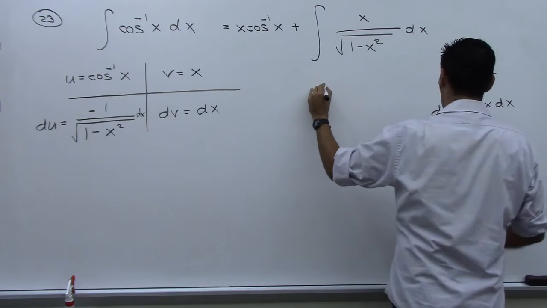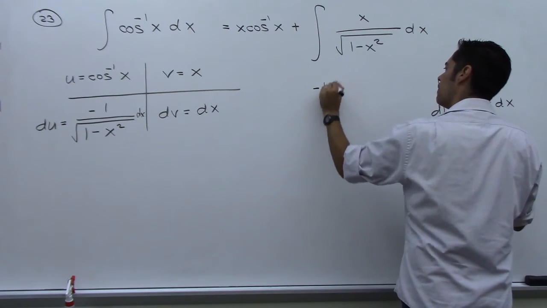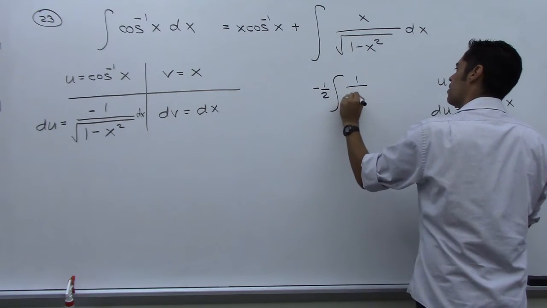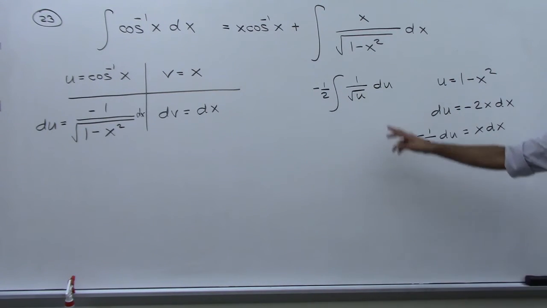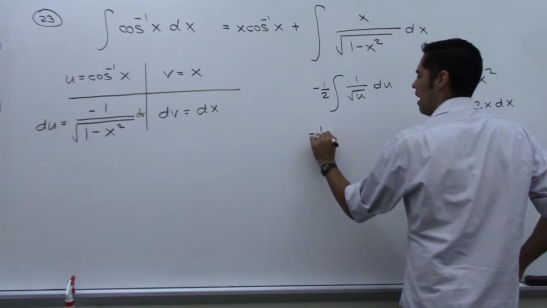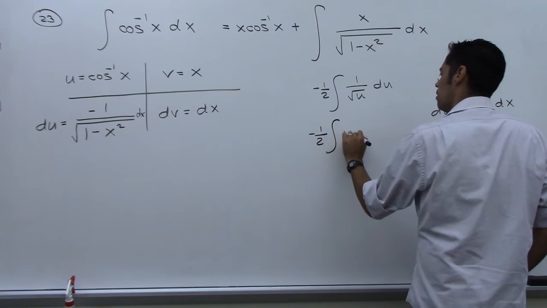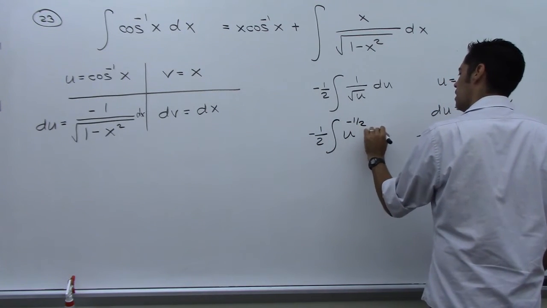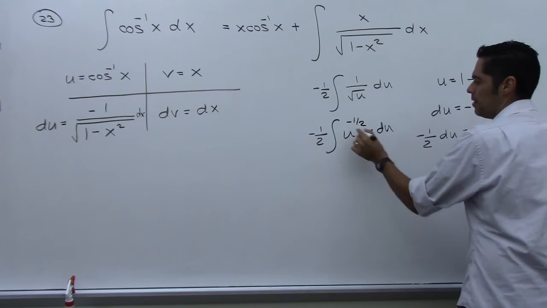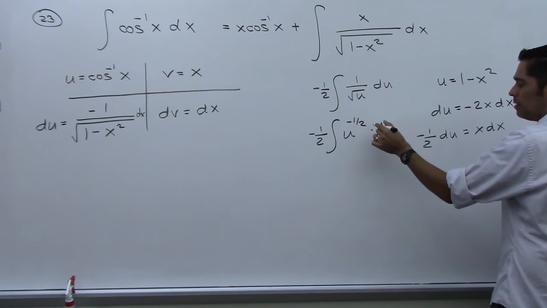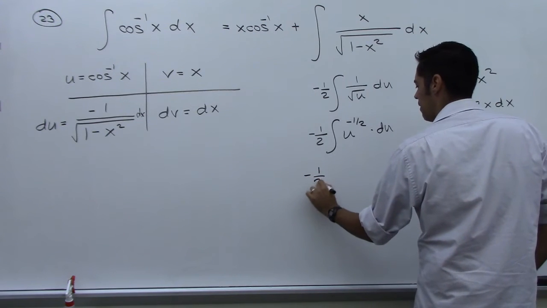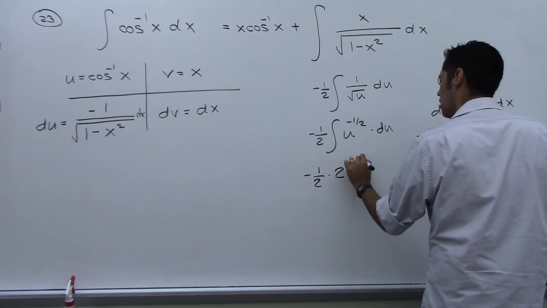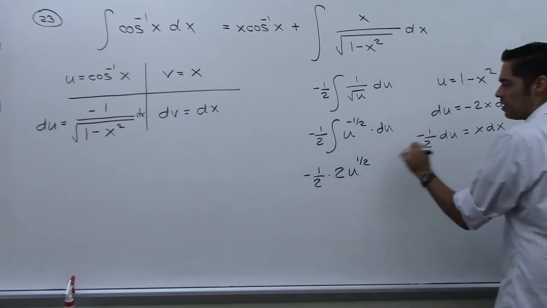So this integral becomes -1/2 integral 1 over the square root of u du. And then this right here is -1/2 integral u to the -1/2 du. And then just do your power rule on this, add 1 and then 1 over that. And so you should get -1/2 times 2u to the 1/2, and then plus a constant.